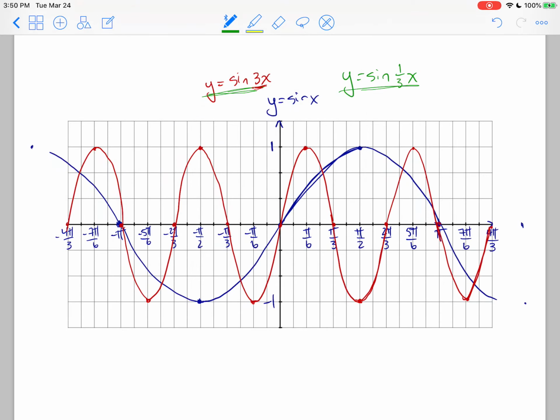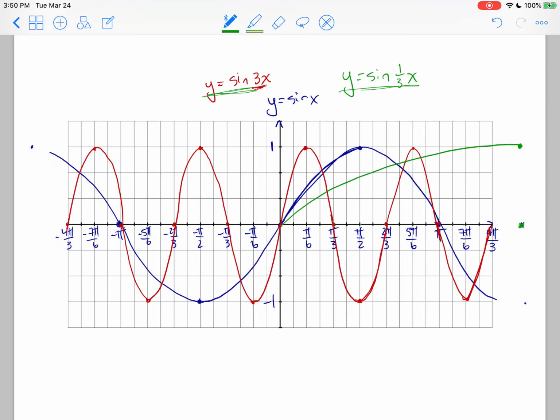And finally in green, we're going to do our sine of 1/3 x. If I'm normally supposed to go over 1, 2, 3, 4, 5, 6 boxes, that means I would have to go over 18 boxes. So 1, 2, 3, 4, 5, 6, 7, 8, 9, 10, 11, 12, 13, 14, 15, 16. I didn't even quite make it. This would be where my first key point is, off the graph.